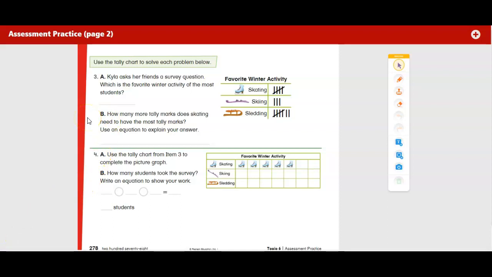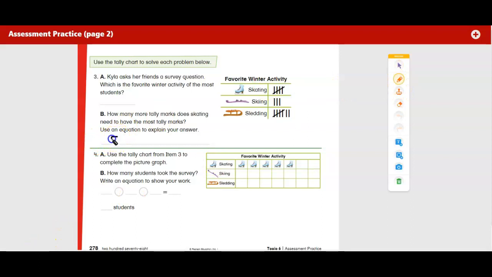For part 3B, it says, how many more tally marks does skating need to have the most tally marks? Use an equation to explain your answer. For part B, you will need to write the total number of votes that skating has. Then you will need to see how many would you have to add to that number for them to have the most tally marks.